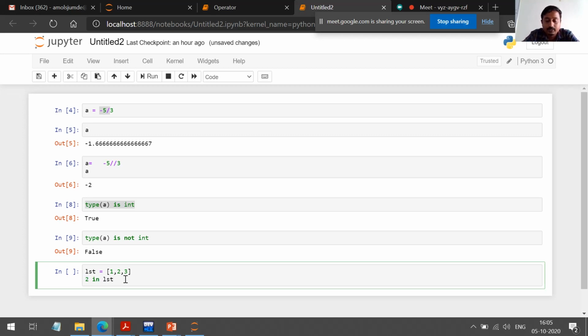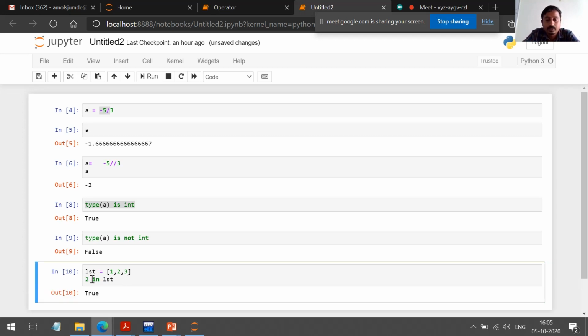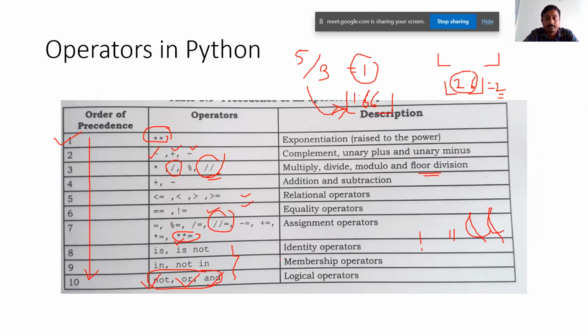It would return true. If I say 4, it is not there, so it will result false. If I write not in, it would be true. 4 not in lst, yes, right? So this is regarding the is and in operators.